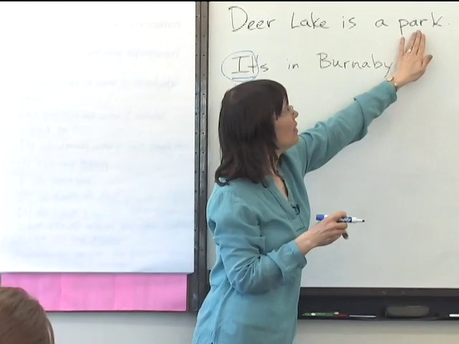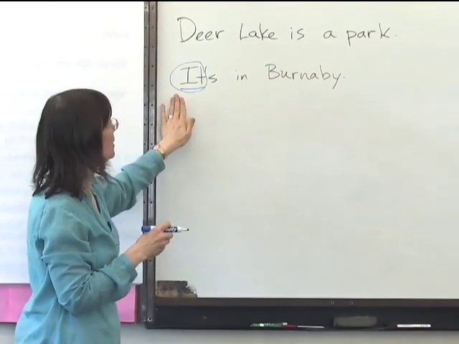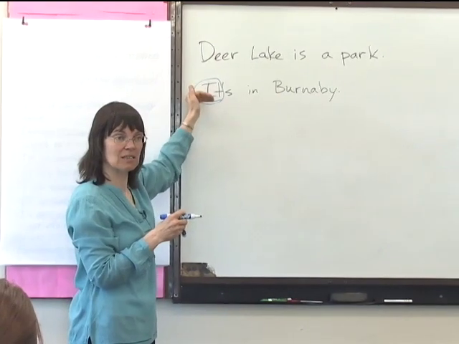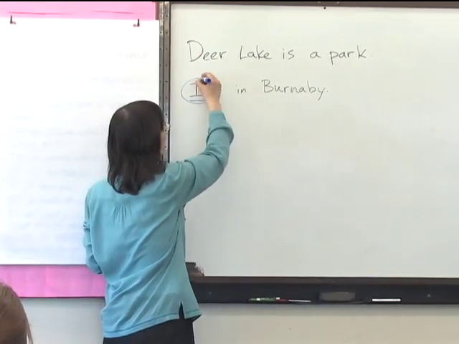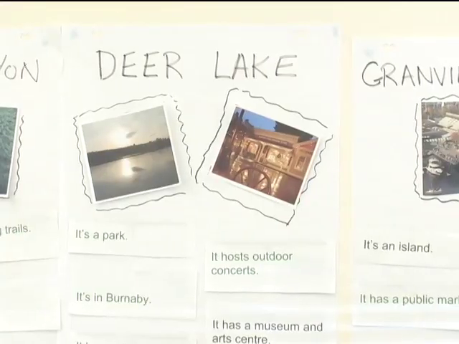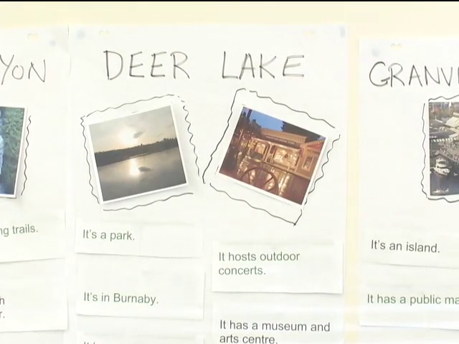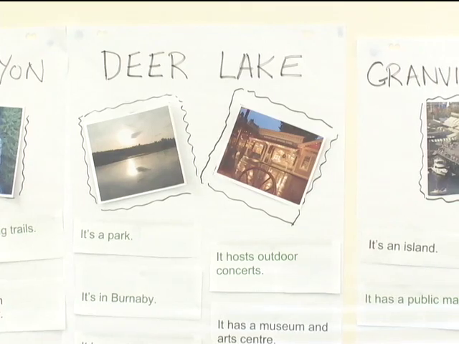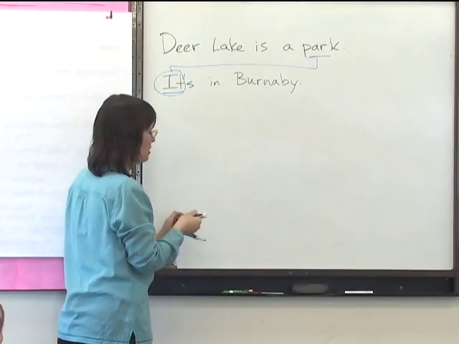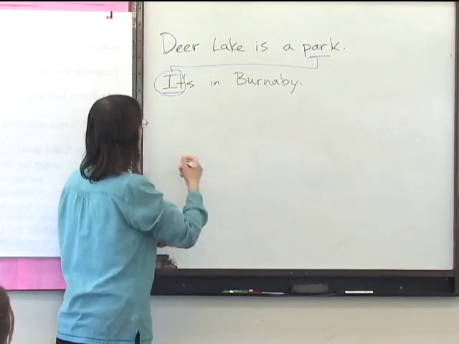So Deer Lake and park and it. So we can connect those two sentences through that idea that Deer Lake is a park in Burnaby. Okay, that would be the easiest way to do it right there. Just take out the extra information.